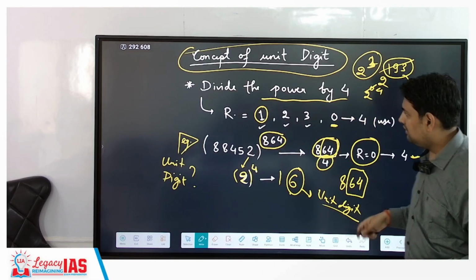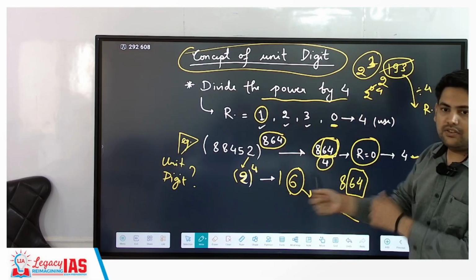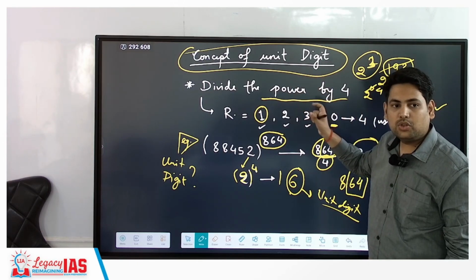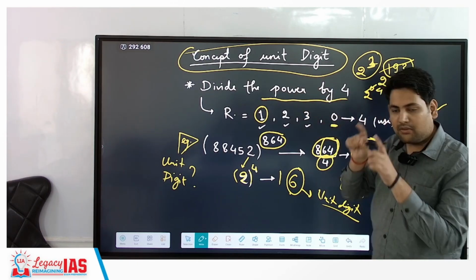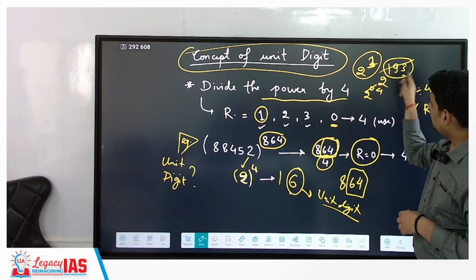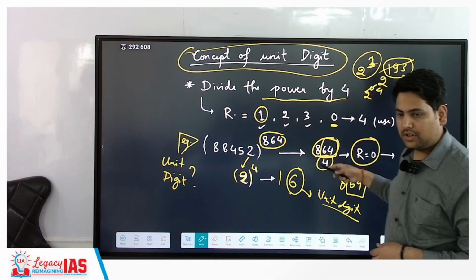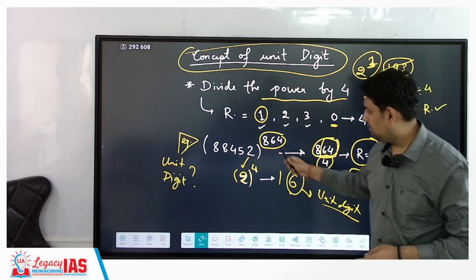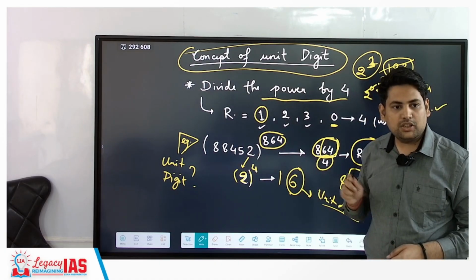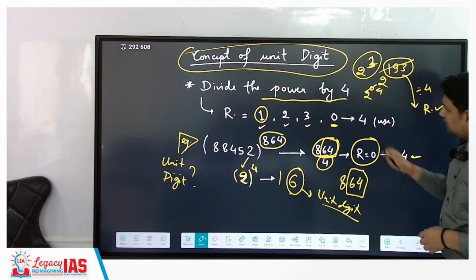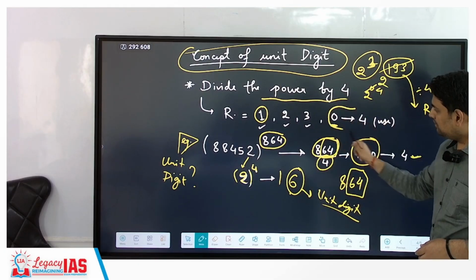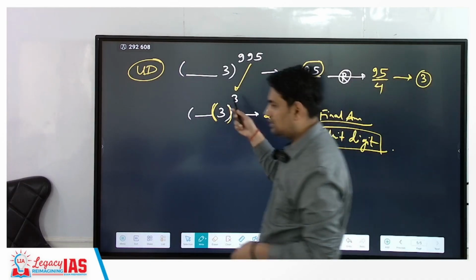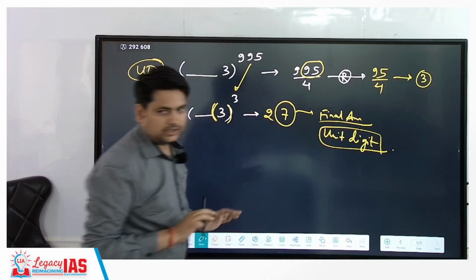Third, we learned that whenever we need to find the unit digit, we divide the power by 4 and find the remainder. That remainder is put in its place in case of 1, 2 and 3. Except in case the remainder comes out to be 0, we put 4 in that place. Once you do this, you can find the answer.